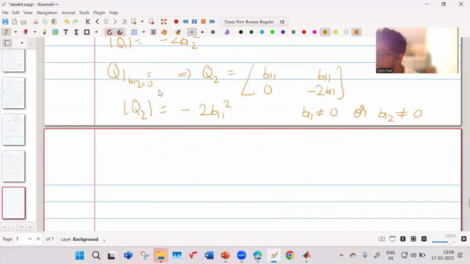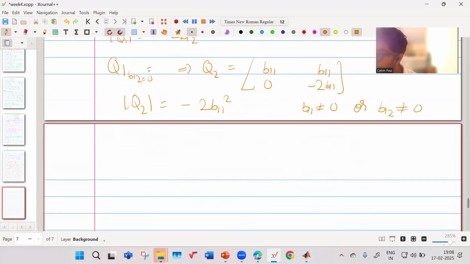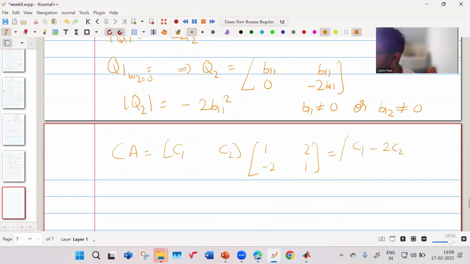Okay, so let us say we have to find C into A. Right? So C is C1, C2, and A is [1, 2; -2, 1]. Right? So this is 1 row, 2 columns. So it is C1 minus 2C2, and then here 2C1 plus C2.